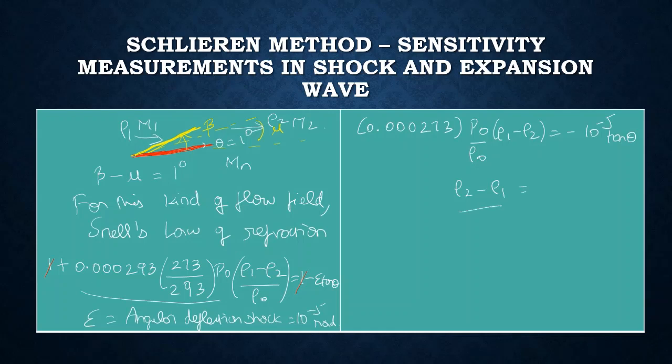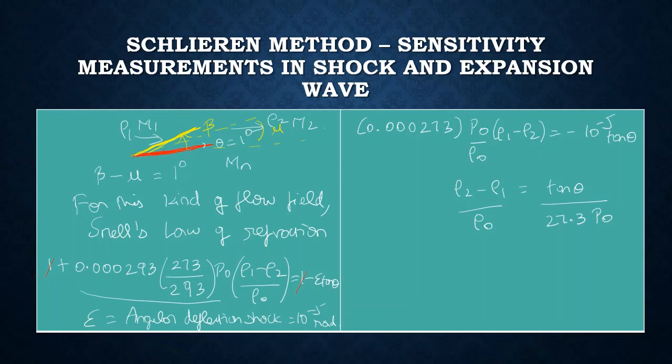rho 2 minus rho 1 by rho naught equal to tan theta divided by 27.3 P naught. So rho 2 minus rho 1 by rho naught is equal to tan theta by 27.3 P naught. You don't know the stagnation pressure, that is, the minimum stagnation pressure, which you still have to find out, and then you have to find the density variation, that is rho 2 minus rho 1 by rho naught.